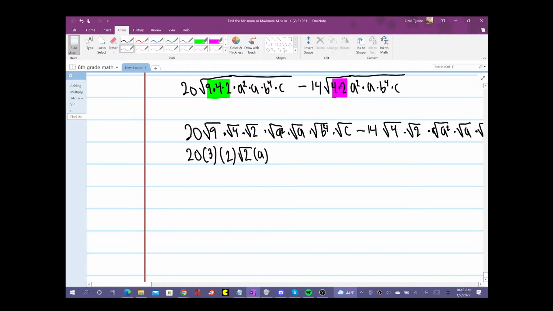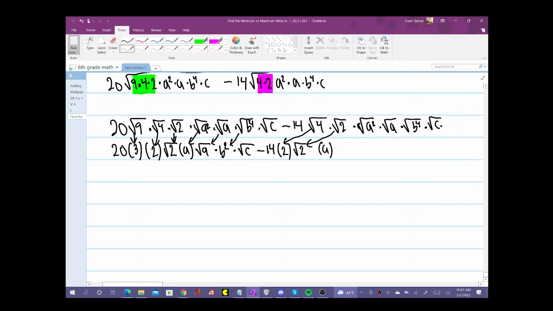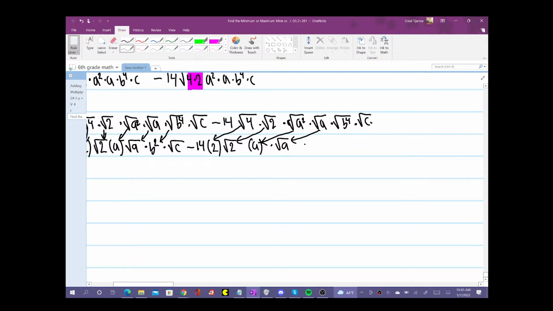We have times a, times the square root of a, times b squared, times the square root of c, minus 14 times 2 times the square root of 2 times a, times the square root of a, times the square root of b to the fourth, which is b squared, because b to the 4 over 2, and then times the square root of c.